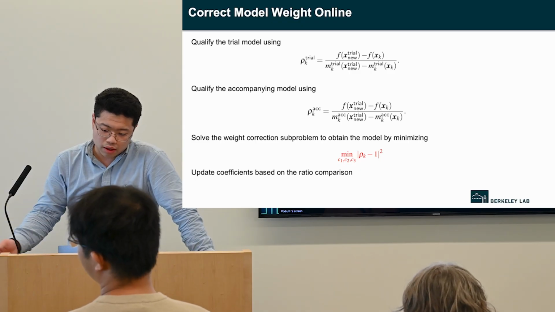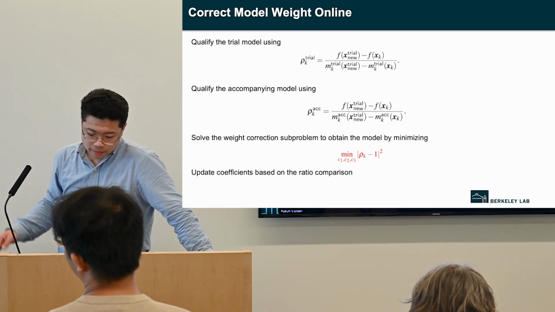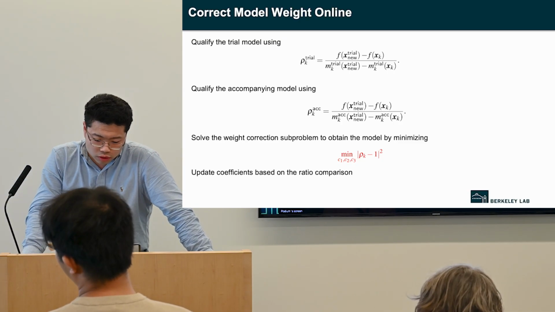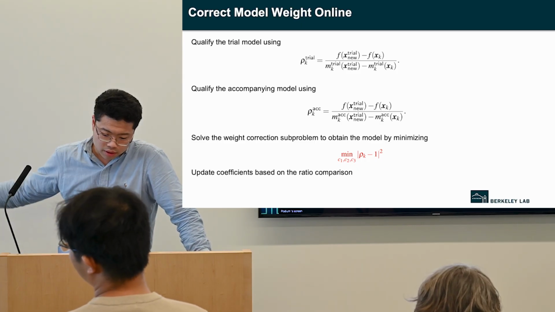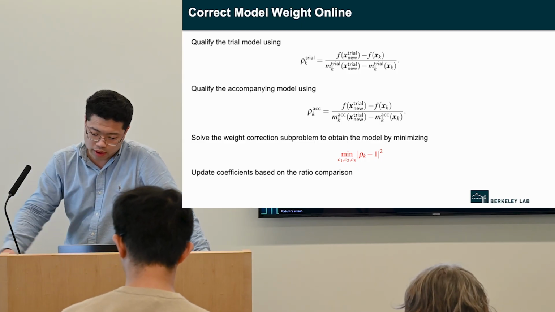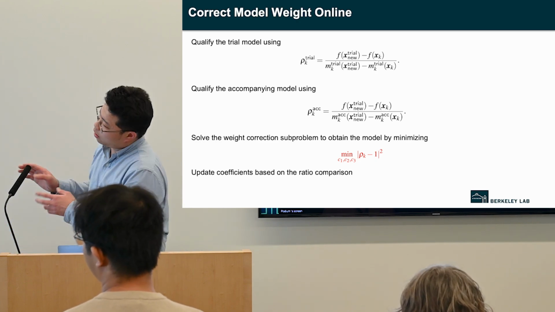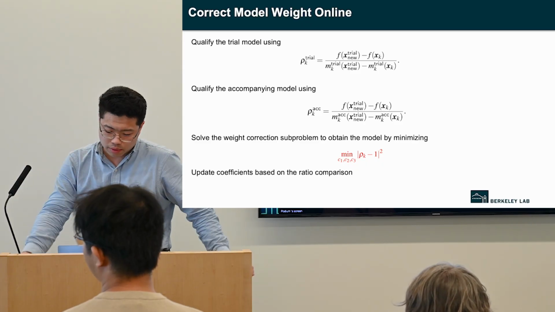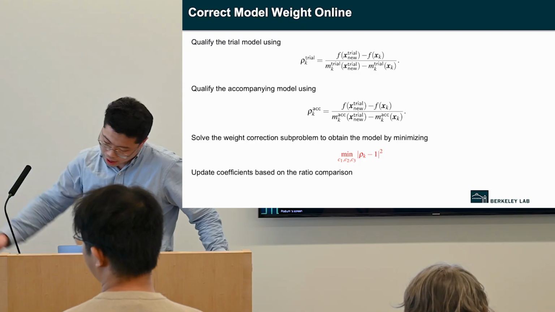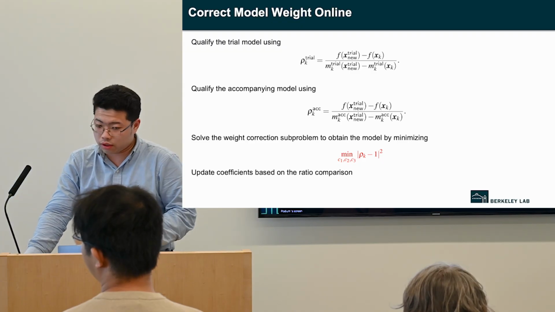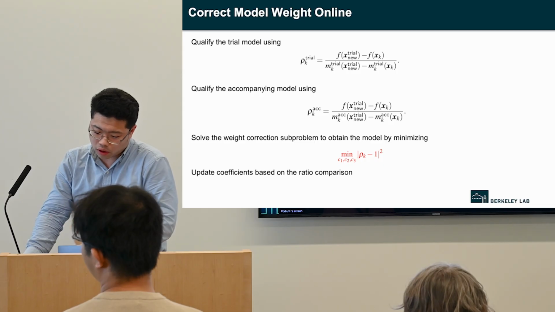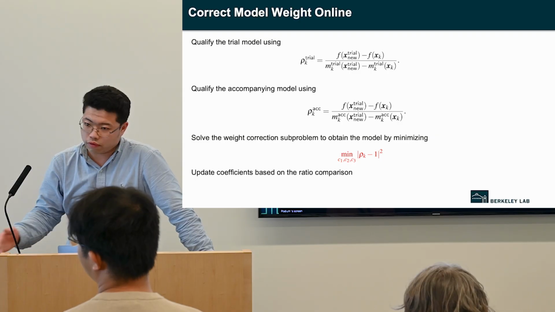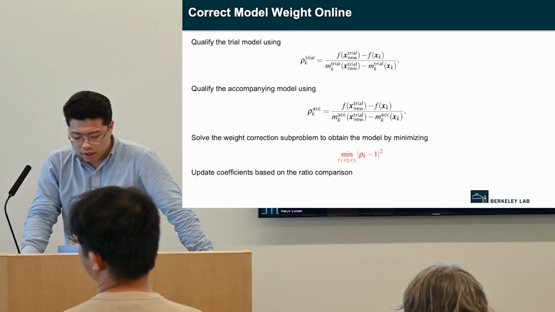We first evaluate the trial model using the function value decreasing ratio shown here, and then get the corresponding value of the accompanying model using the same formula. Then we compare these two values to choose the best one using the red formula, which shows the distance between the ratio and one, because the closer the ratio is to one, the better the approximation in the sense of trust region optimization.